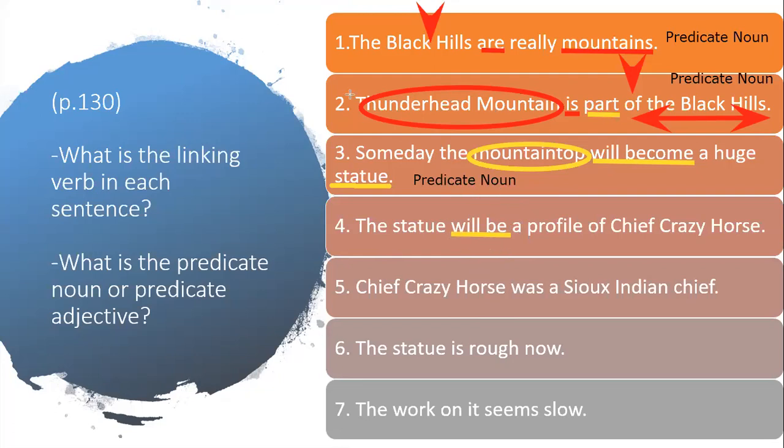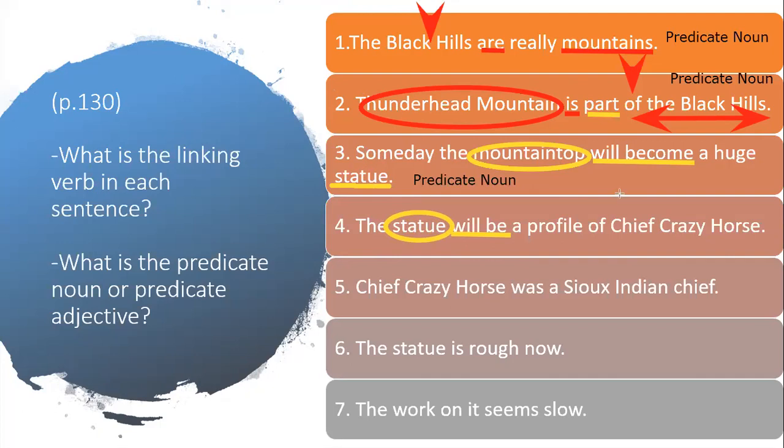Now, let's identify the subject. The subject here is statue. So statue is the subject, and now I have to focus on the predicate, and I have to find a word that either renames or describes.